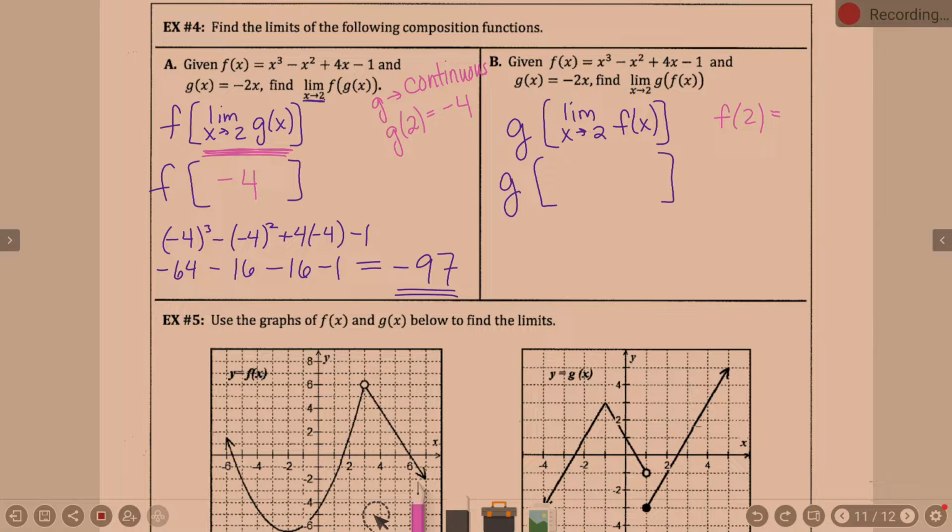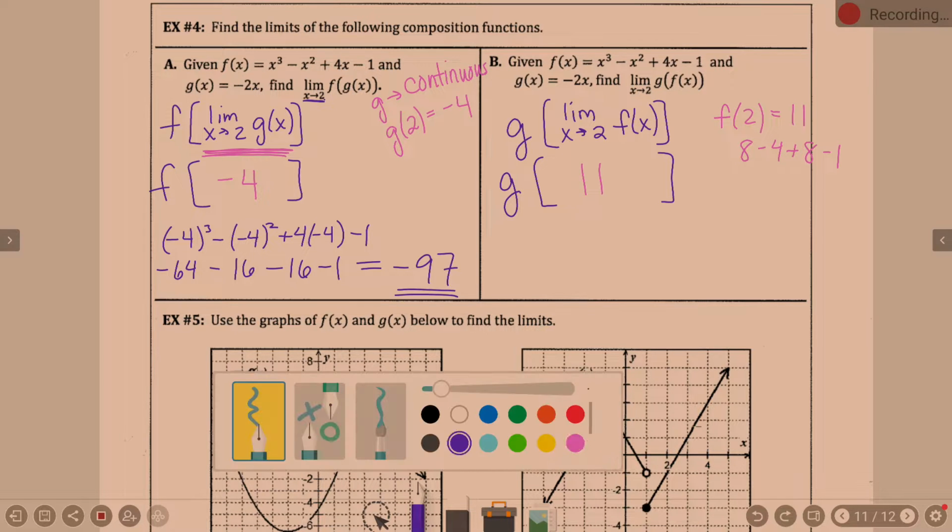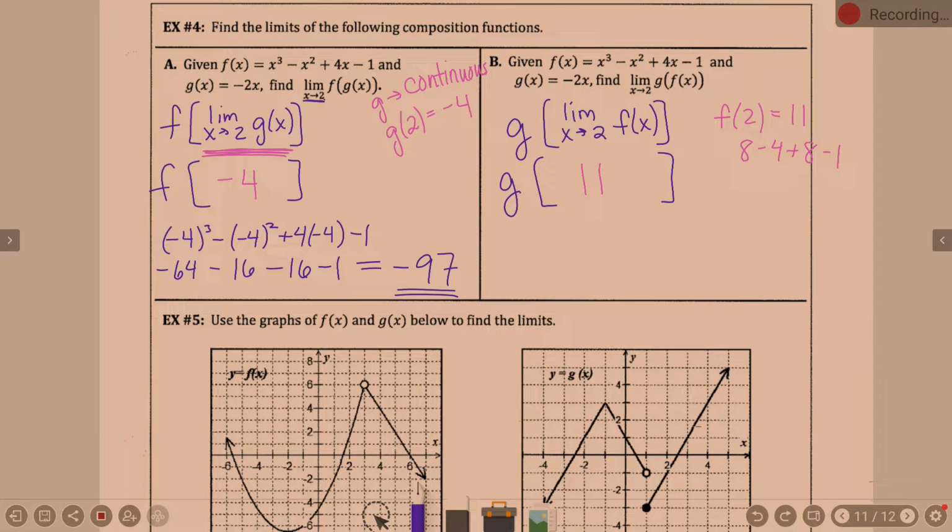What is f of 2? Okay, so that's 11. So that means now we're doing g of 11. And what is g of 11? That math was a lot easier that time.